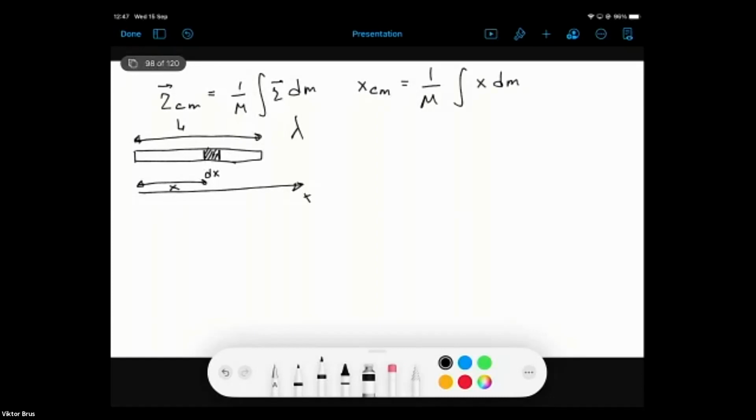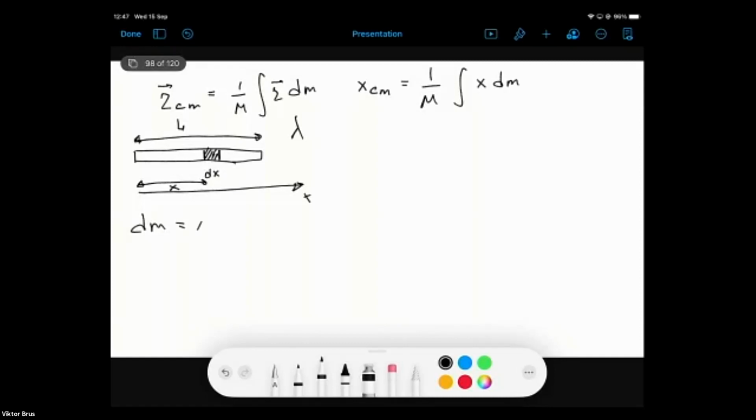Okay, now we need to think what dm is. How can we express dm in this particular case? Any ideas? dx lambda.